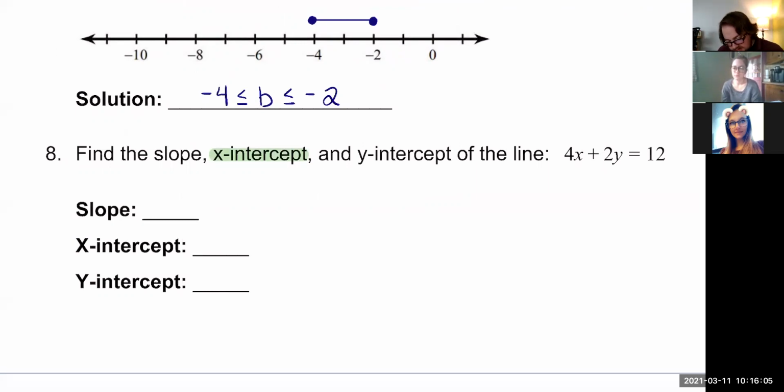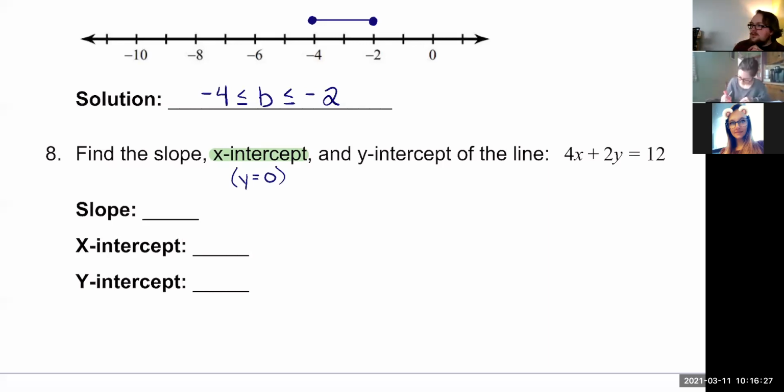So for the x-intercept, we go all the way back to unit 2. The x-intercept was the point where our line crossed the x-axis. Well, any point along the x-axis always had a y that was equal to 0.